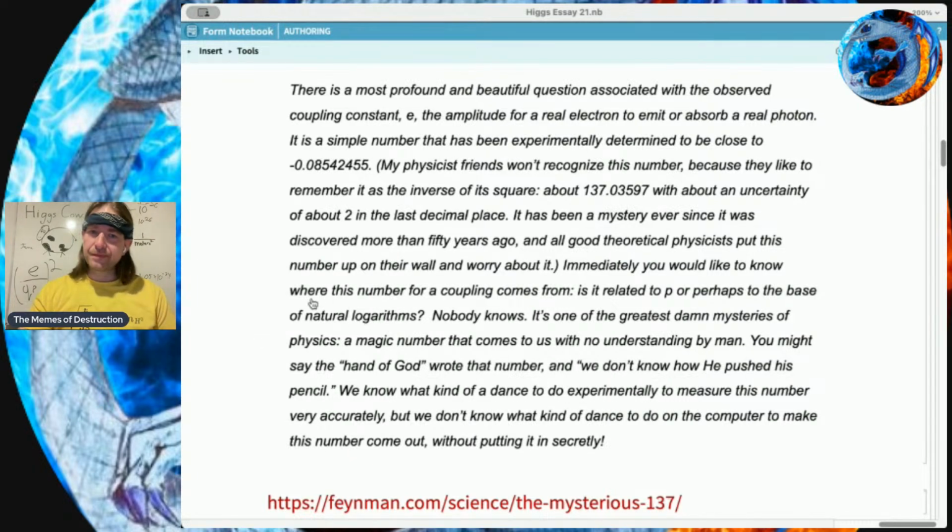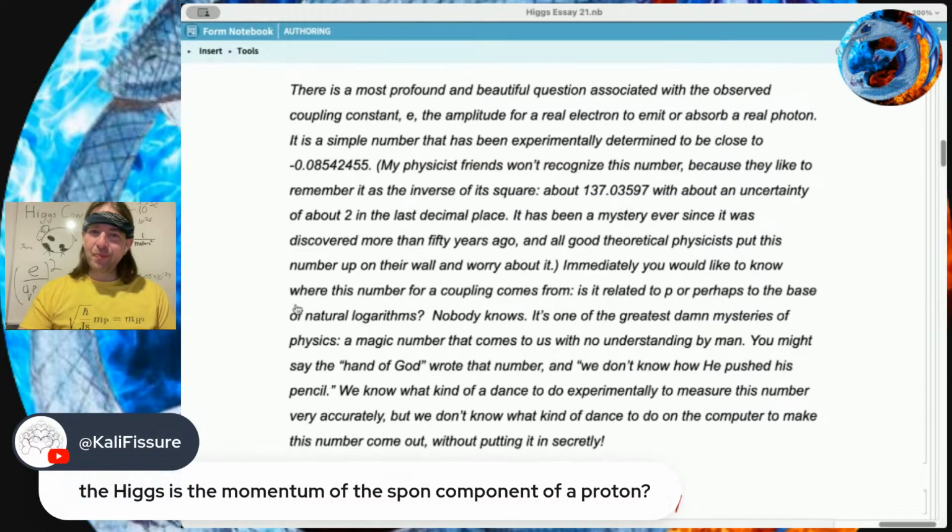Is the Higgs momentum of the small component of the, I'm not going to pretend like I know it. Listen, I can do that h bar equivalent thing and the little conversion factors for what's going on.